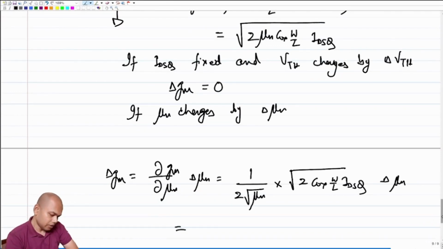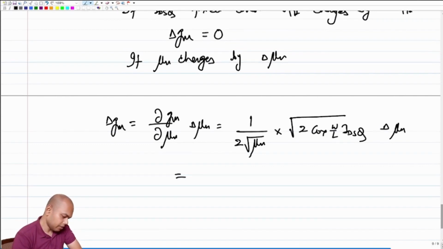So essentially I have to multiply with mu n here and divide by under root mu n here. So what do I get? I get delta mu n by 2 mu n times GM.